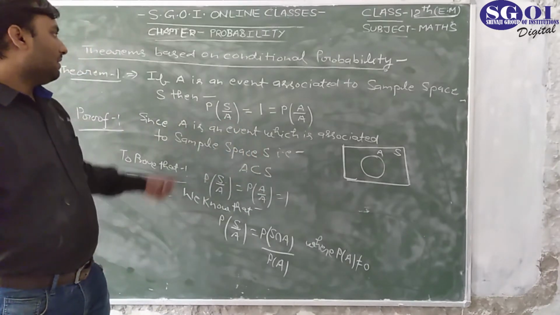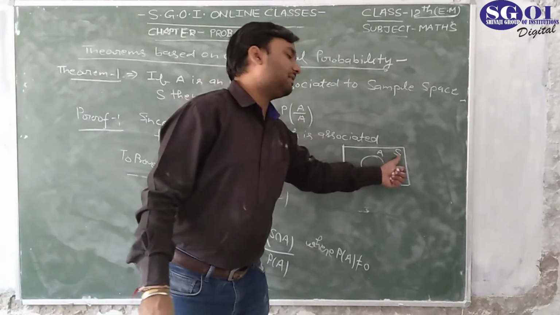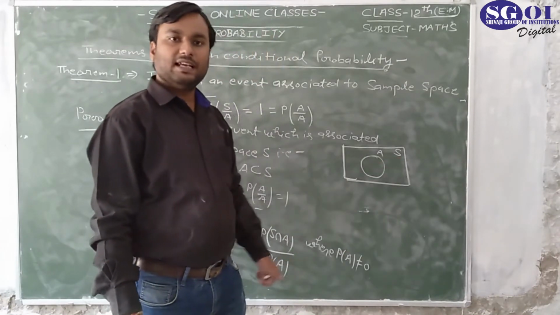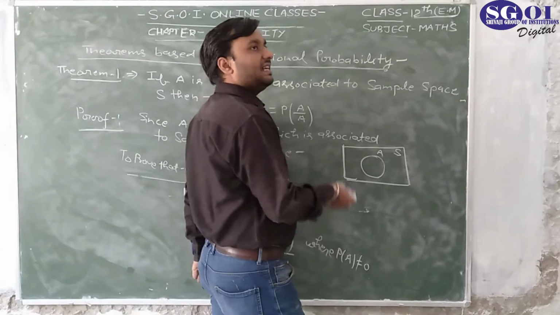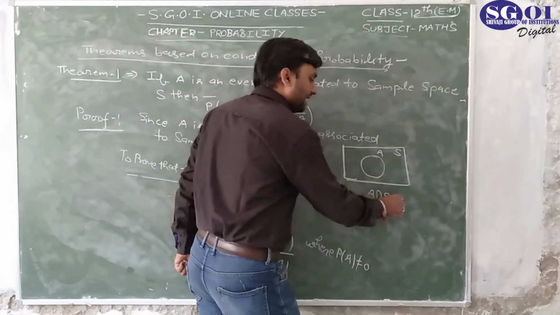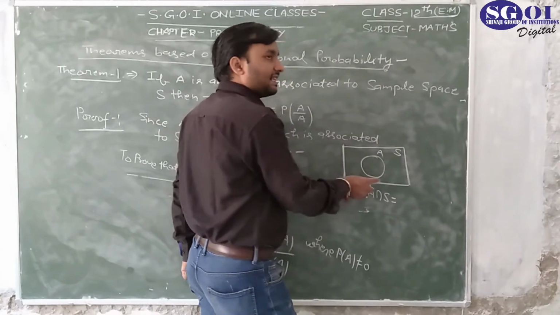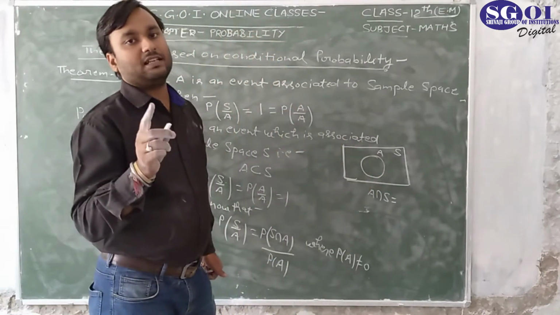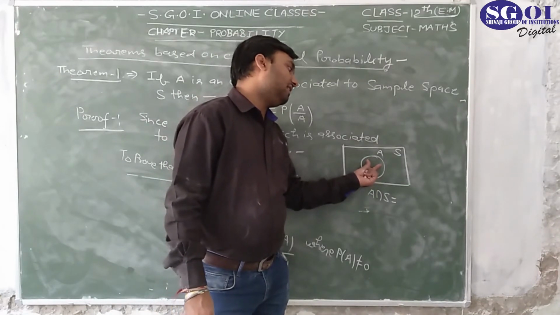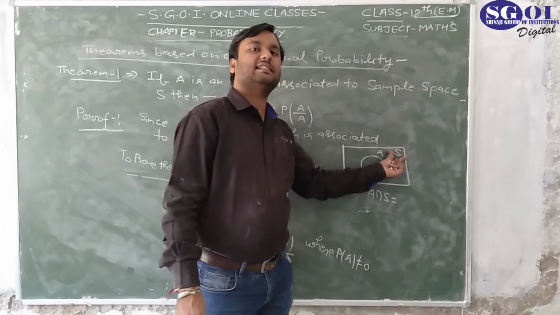So capital A is a subset of S. So what is the intersection of A and S? Intersection means common portion between those figures. So what is the common portion between this circle and this rectangle?